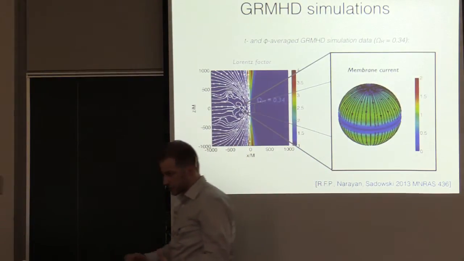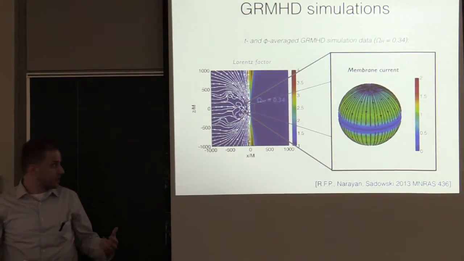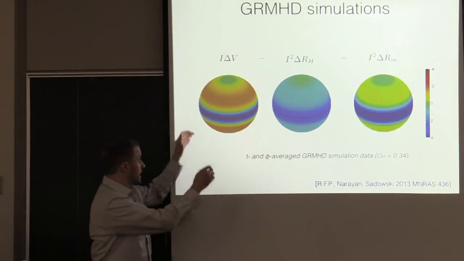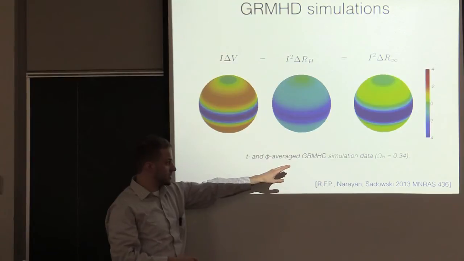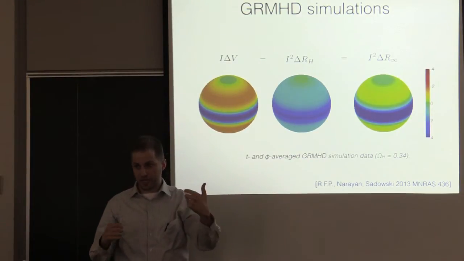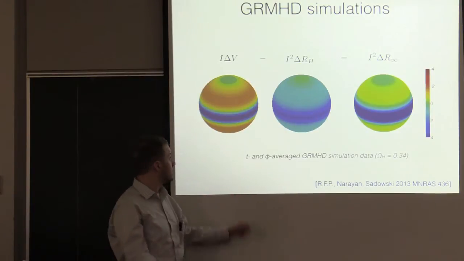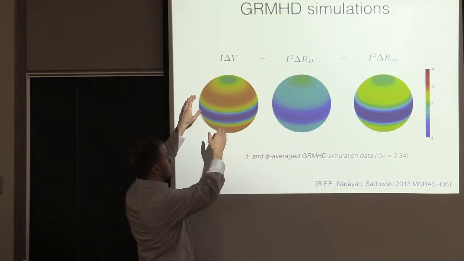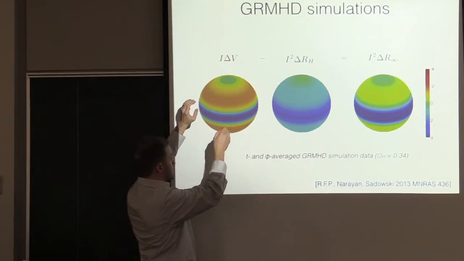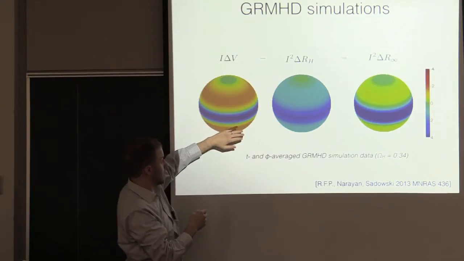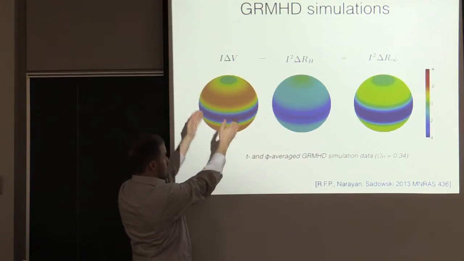And so the nice thing is you can go through the simulation data. You can compute each term in the model. So here's the actual GRMHD simulation data. This is a black hole described by the Kerr metric with a spin parameter of 0.9, so it's spinning near the speed of light. I've taken the simulation data, translated it, and here's the power generated by the voltage source on this membrane at the horizon.